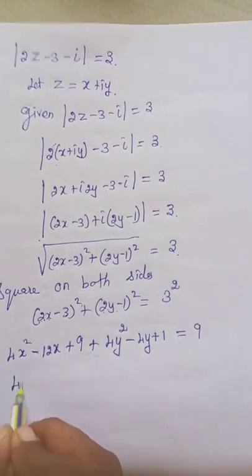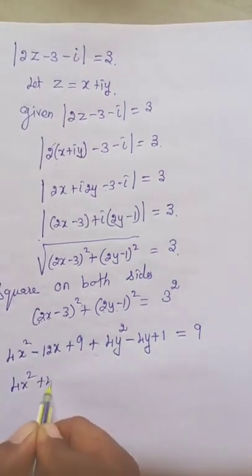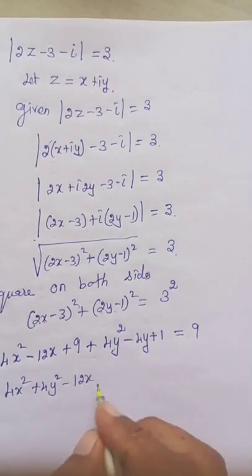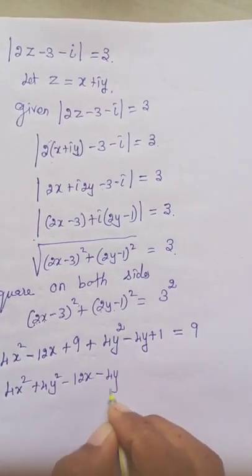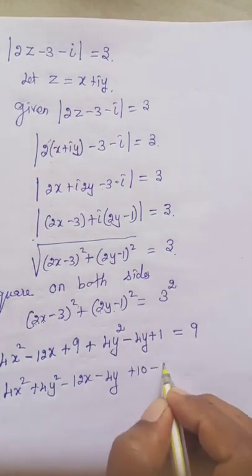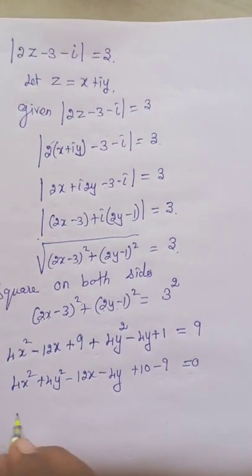Now I am arranging in order: 4x square plus 4y square, then x term minus 12x, minus 4y, 9 plus 1, that is 10, bring that 9 here, minus 9 is equal to 0.